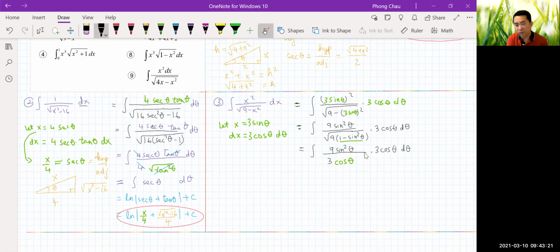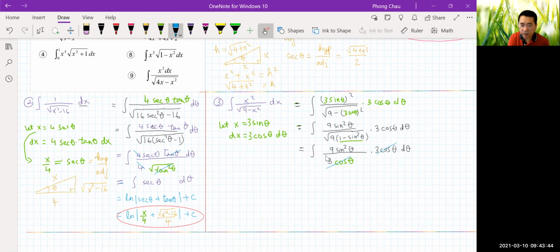Now from here we have a trig integral. That will be back to the previous section. How do we deal with a trig integral? Well, we have only 2 ways to do it. Either we use trig identities or we use substitutions. But before we do that, notice we have some cancellation going on there.